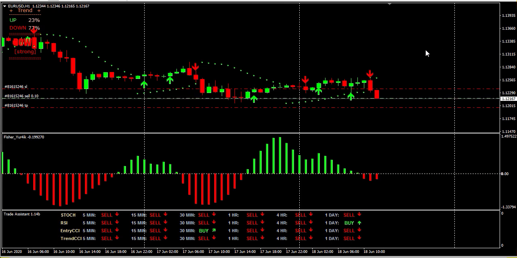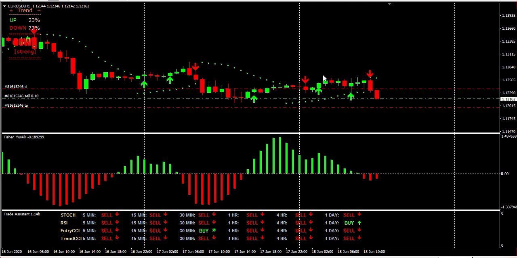Okay, now you sell this 1 mini lot. I also have another pair, the Euro USD, on the other chart. I have the Euro USD with the auto stop loss and trailing stop EA.